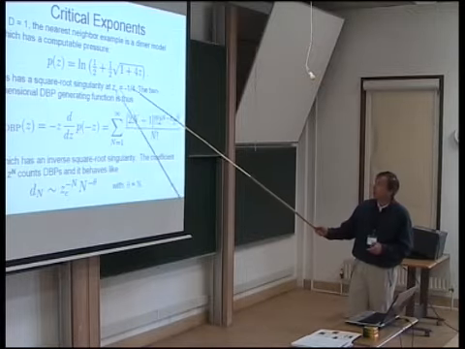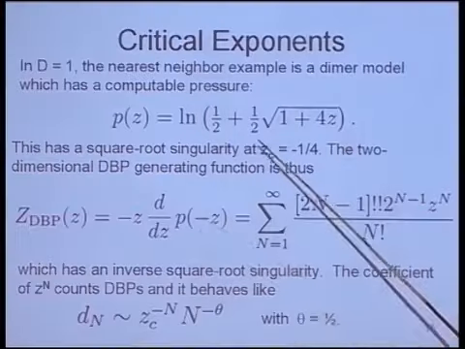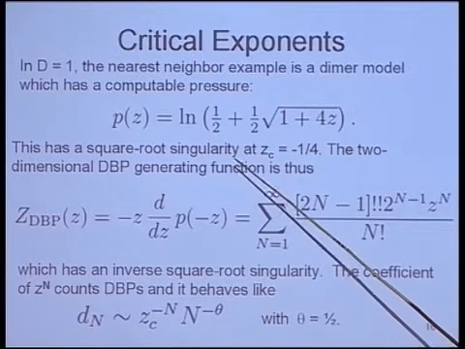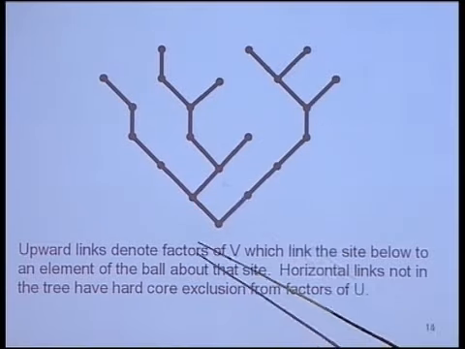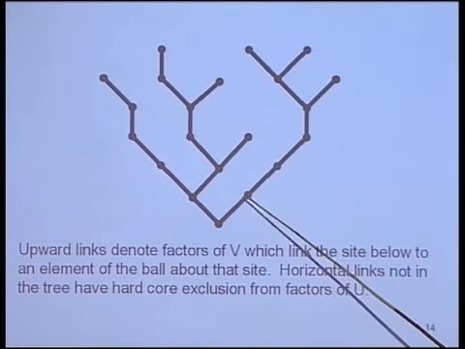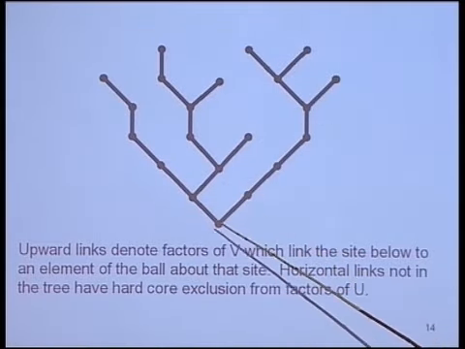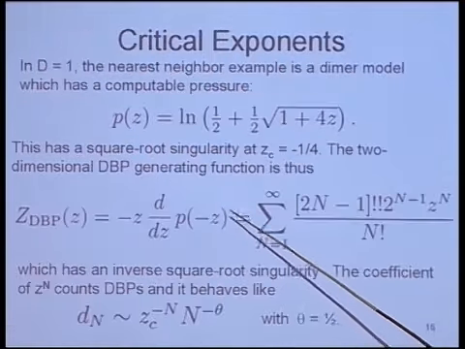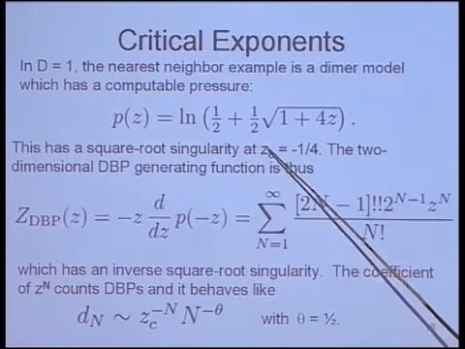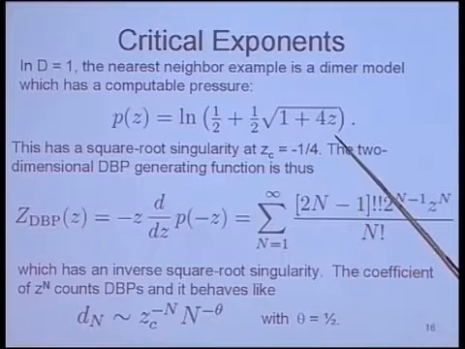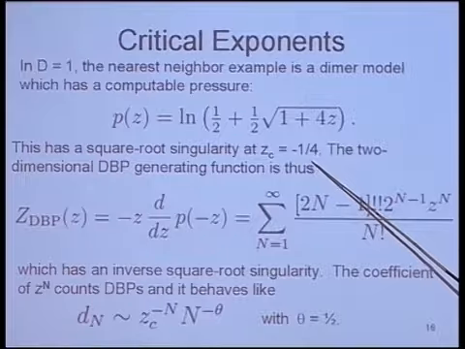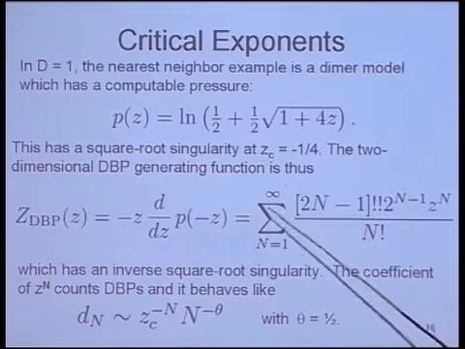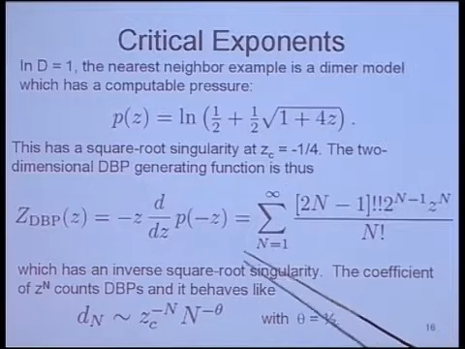And so as a result of that, you can make equations between critical exponents. This particular model, which I drew here, is a dimer type model. And in one dimension, you can exactly compute the pressure, and this is what it is. You see the square root singularity at the negative value, negative a quarter. And then we have this exact equation.